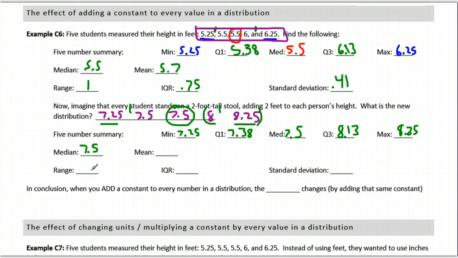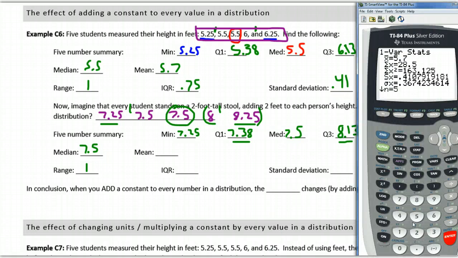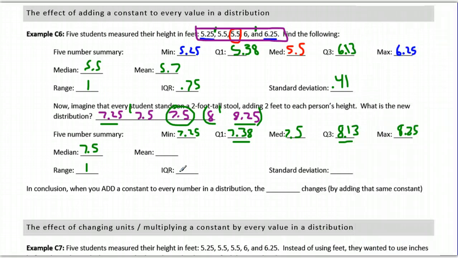The range is the highest to the lowest, so 8.25 minus 7.25 is just 1. The IQR is 8.13 to 7.38, and that one's a little bit tricky, so let's use our calculator: 8.13 minus 7.38. Like above, that comes out to 0.75.